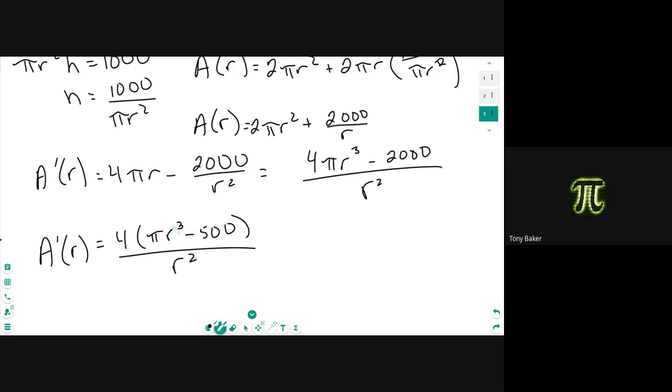So really, I have the top, because the 400 doesn't mean anything, right? There's nothing I can do with the 4. So this one is going to end up being r equals the cubed root of 500 over pi.